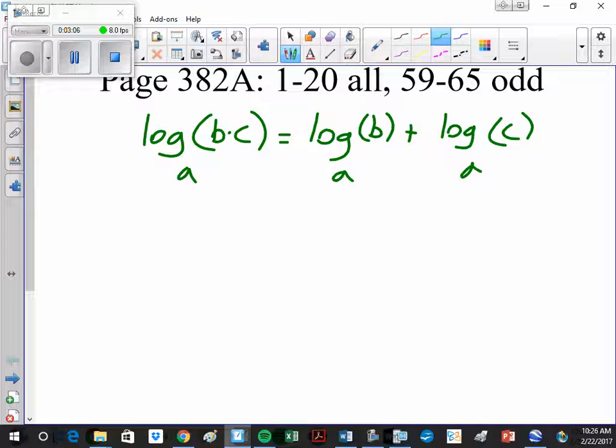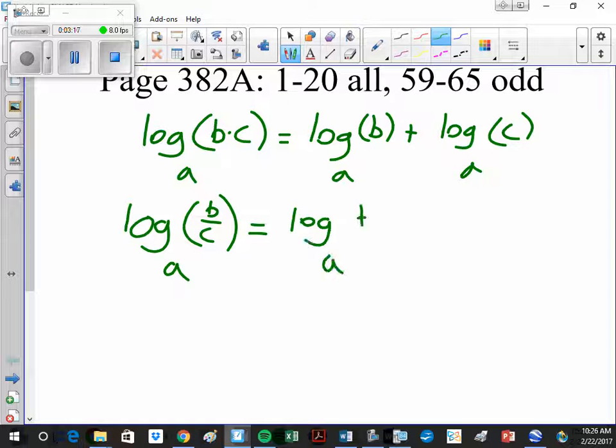Likewise, we have a quotient rule. Log base A of B divided by C is equivalent to log base A of B minus log base A of C.